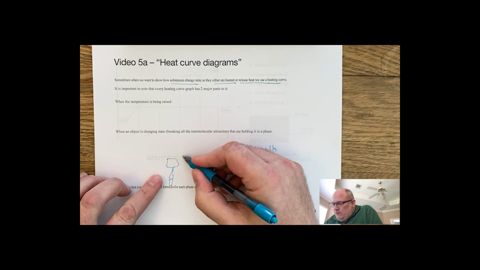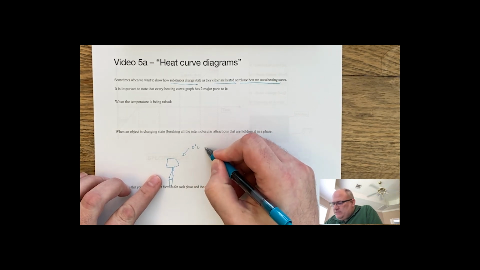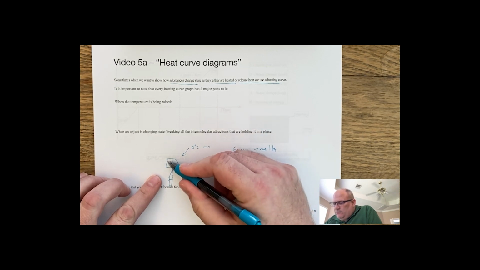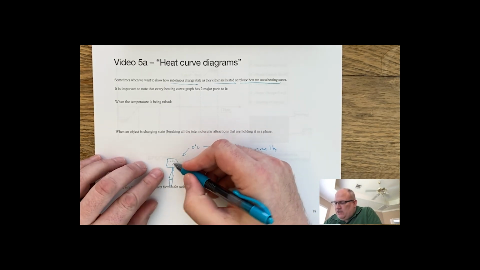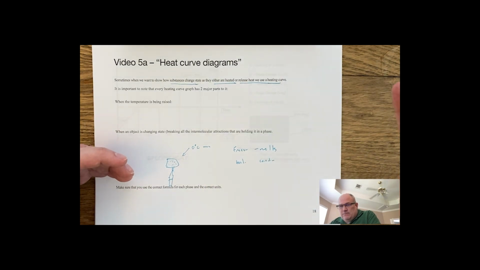When it hits zero, its temperature will not increase above 0 degrees Celsius until it's completely melted. In other words, all the intermolecular forces that are very tightly attached to each other in a solid must break into a much looser liquid form. And then the temperature can increase again.